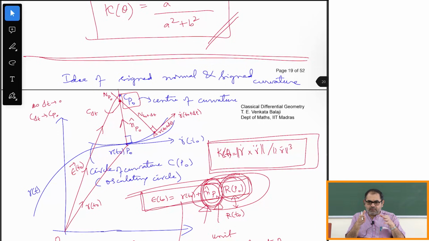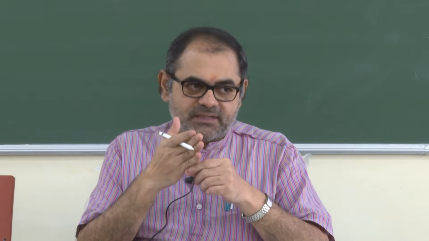Now the problem with this signed normal is that it creates issues in the formula that you write for the position vector of the center of curvature, which is essentially the locus of the center of curvature, which is actually going to be the evolute, as we are going to see. In that formula, the usual normal that we consider geometrically is called the geometric normal, and it always points towards the center of curvature.